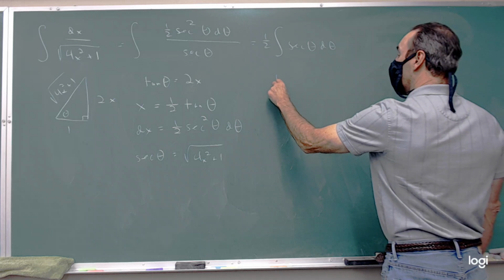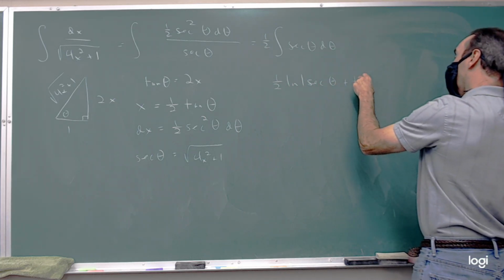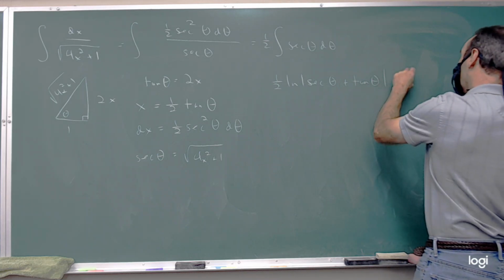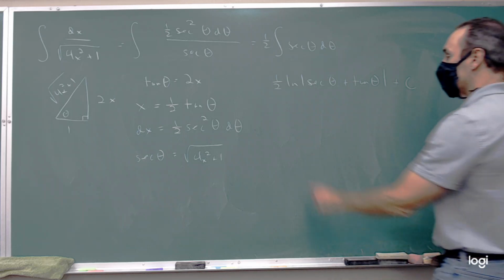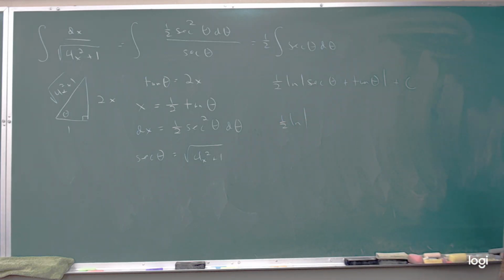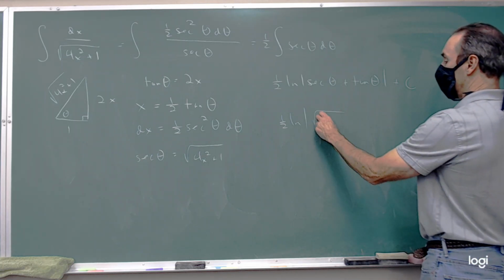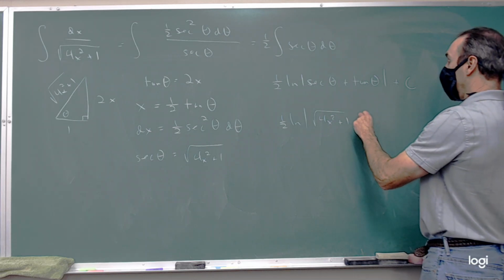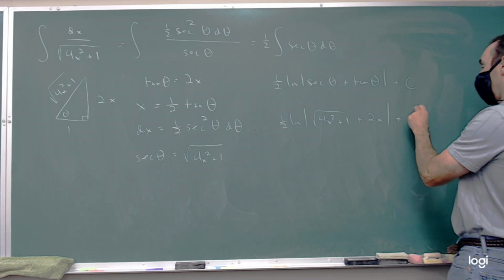And I think we have agreed that is going to be a logarithm of secant theta plus tangent theta. And we'll go back to our triangle and say secant theta is going to be... good. And the tangent of theta is, there we have it.